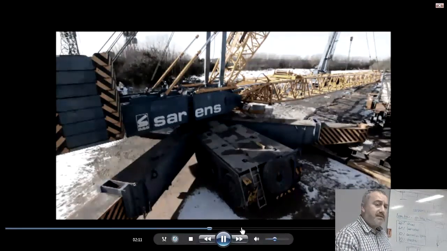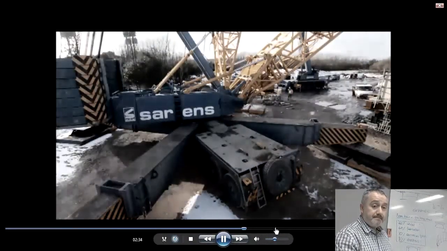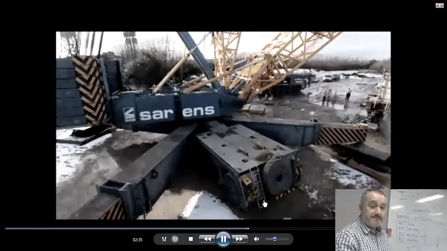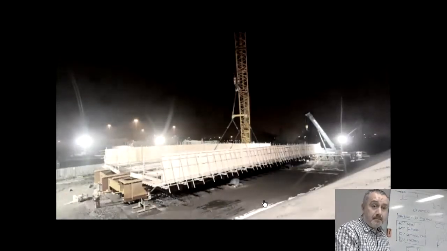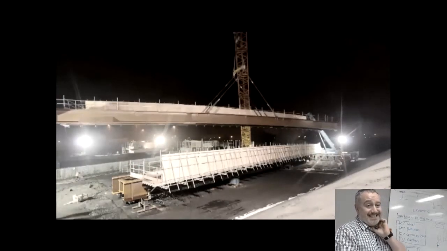I understand there's either one or just a few of these cranes. Oh, missed it. So they did the whole thing in 2 lifts.